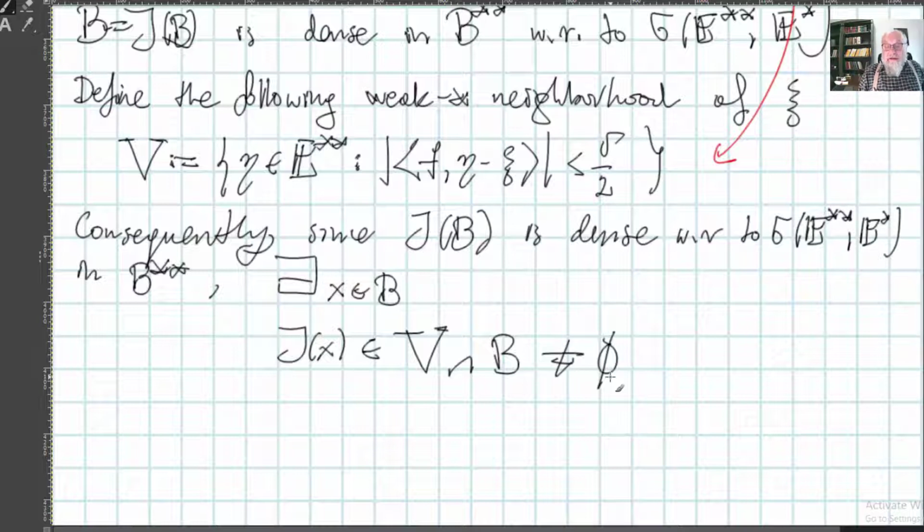Very good. So what do I want to show? We claim that actually we have this condition satisfied.